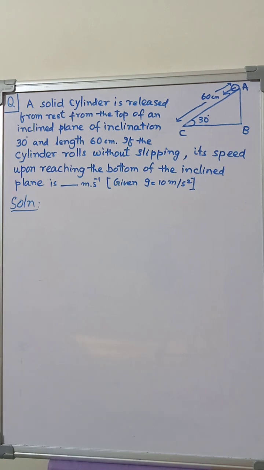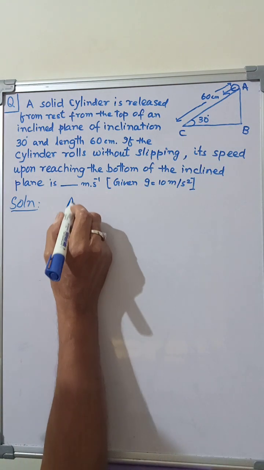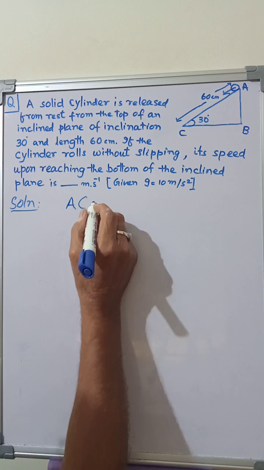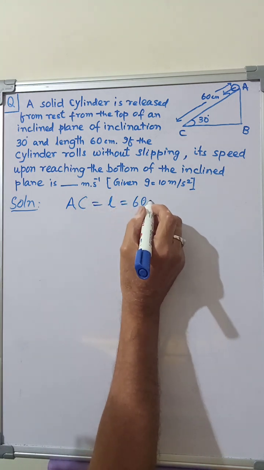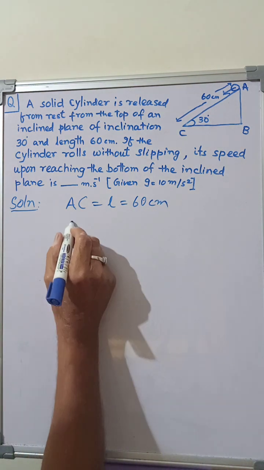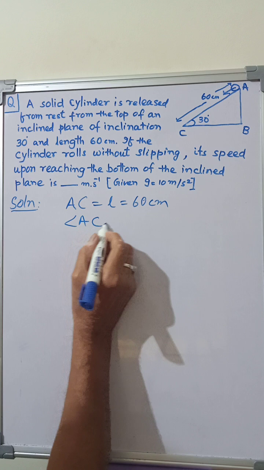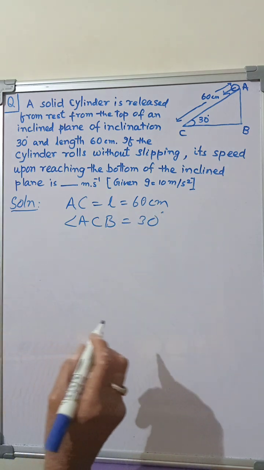It is given that AC, length of the inclined plane, is equal to L is equal to 60 centimeter, and angle ACB is equal to 30 degrees.